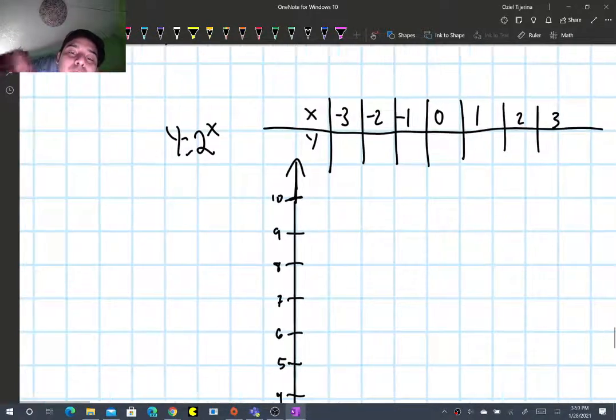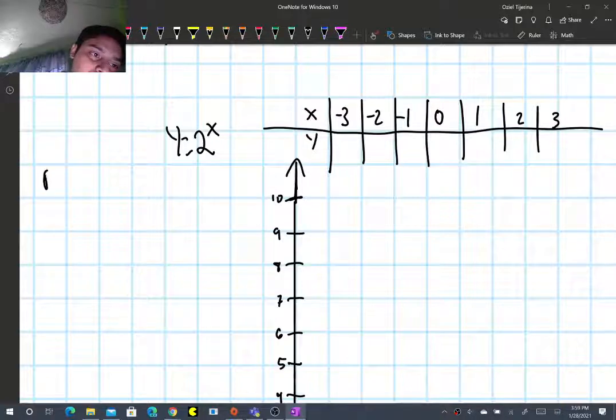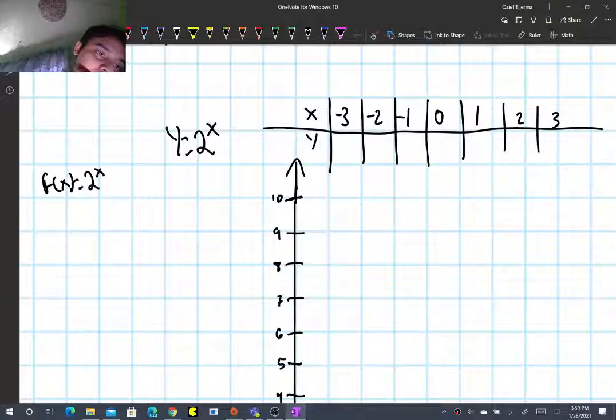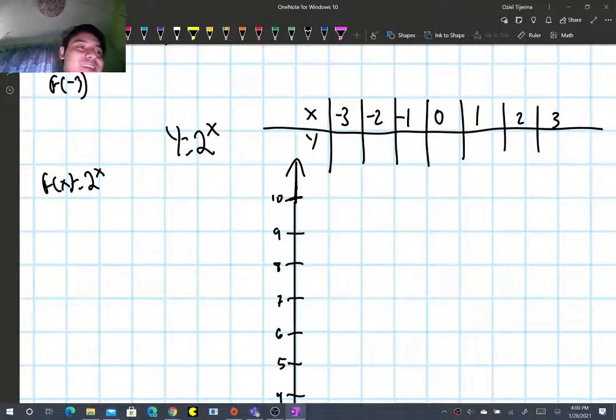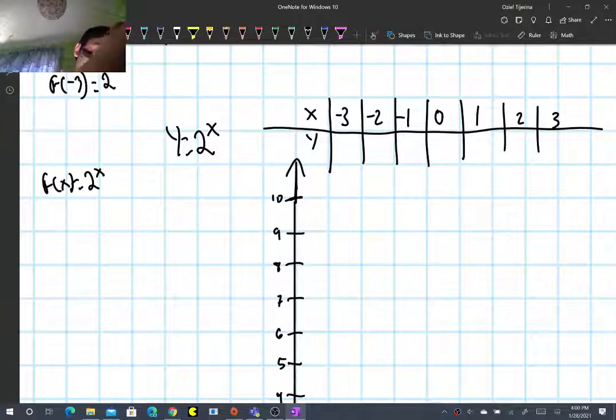Okay, and what I'm gonna do is turn this into f of x. F of x equals 2 to the x. So that means that f of -3, sorry guys, that was an airplane. Okay, so when I say f of -3, that's 2 to the -3 power, which is 1 over 2 cubed.